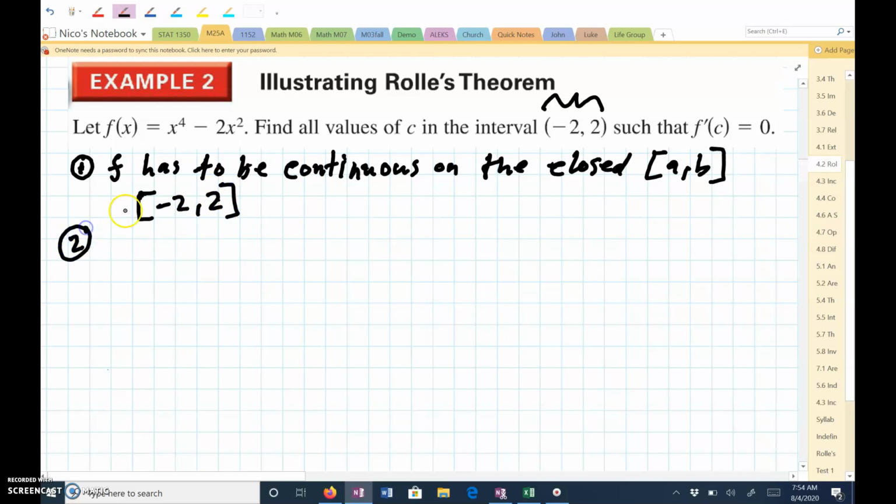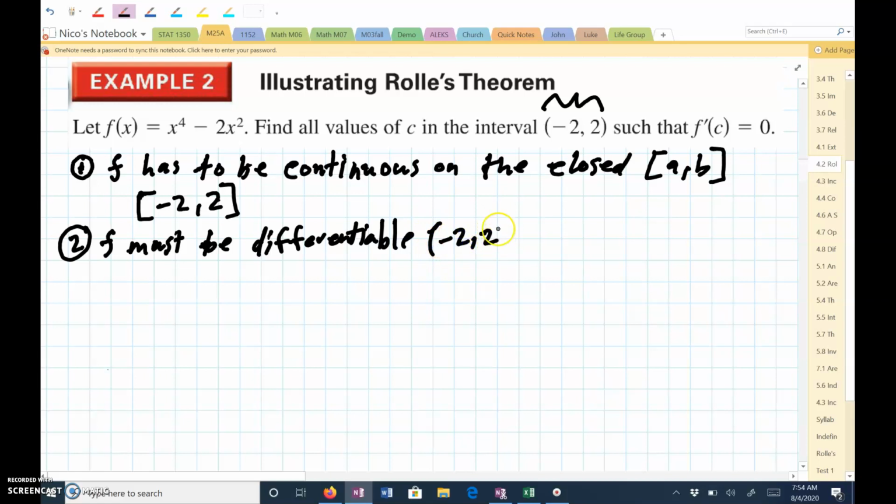The next criteria, f must be differentiable on the open interval -2 to 2. And this function here is differentiable everywhere. So it meets that criteria as well.